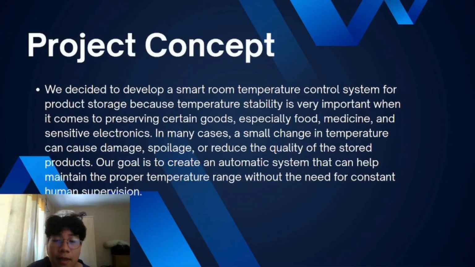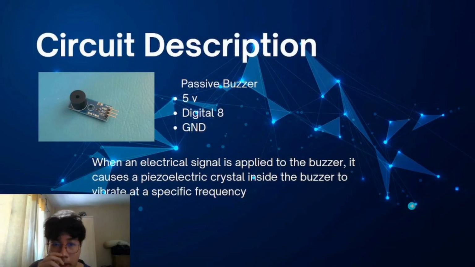In many cases, a small change in temperature can cause damage, spoilage, or reduce the quality of the stored product. Our goal is to create an automatic system that can help maintain the proper temperature range without the need for constant human supervision.